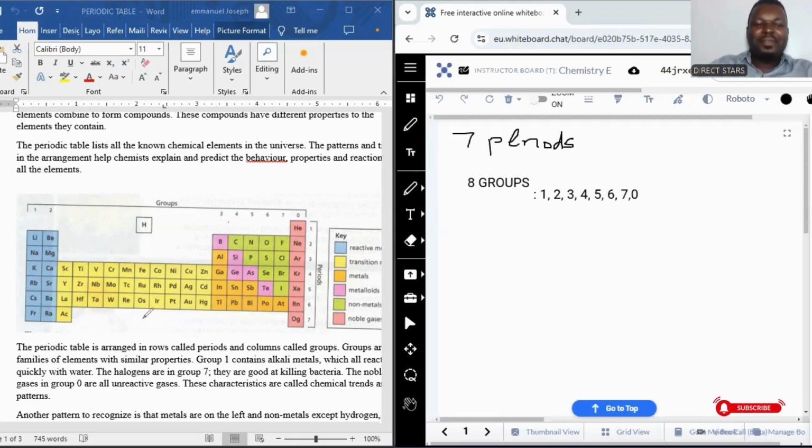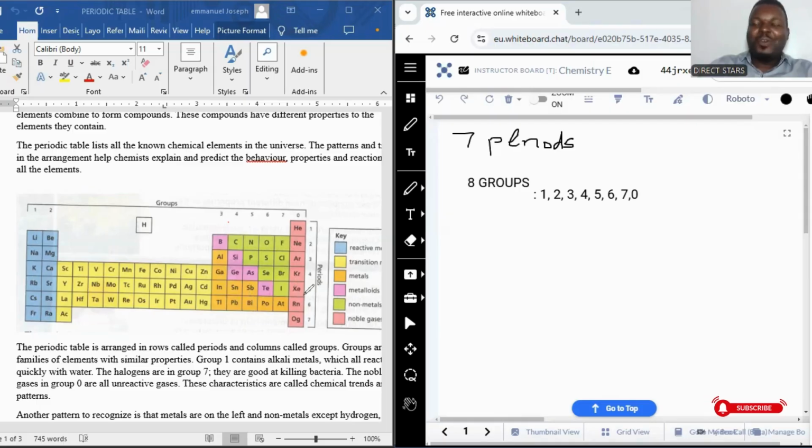And then we skip this yellow region and move on to group 3 here. Okay. And then group 4, group 5, 6, 7, and 0. Okay, so those are the 8 main groups we have on the periodic table.